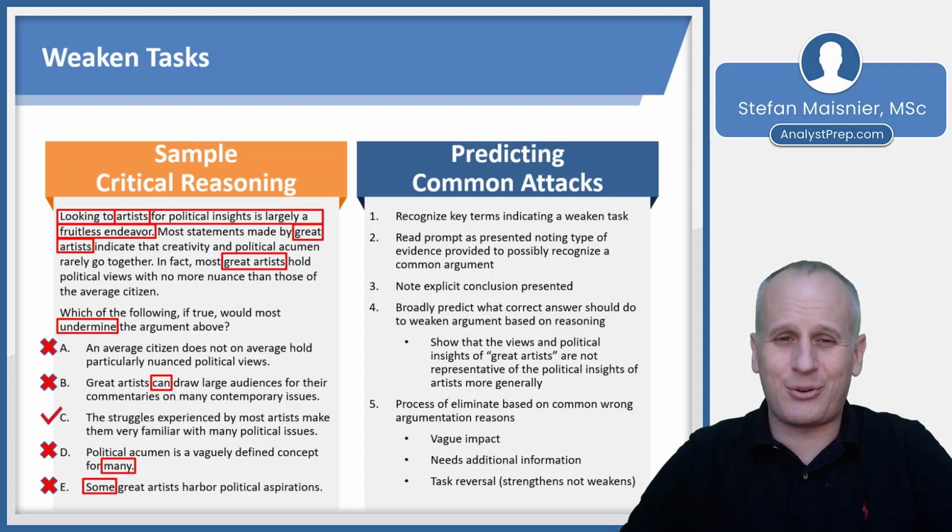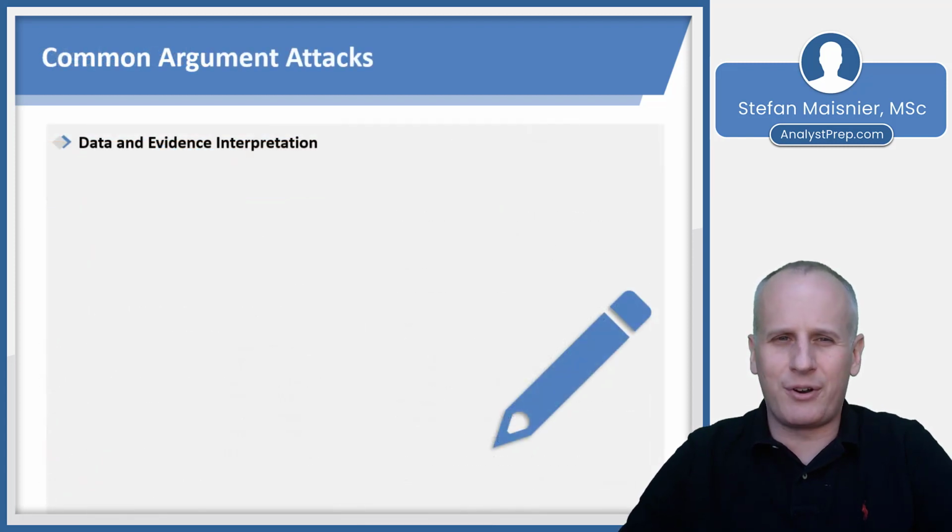So, choice C is our correct answer for exacerbating that assumption that says great artists mean that all artists should not be looked to for political insights. And this would be how you could address a weakened task if you're able to identify a, we'll say, just misrepresentative sample.